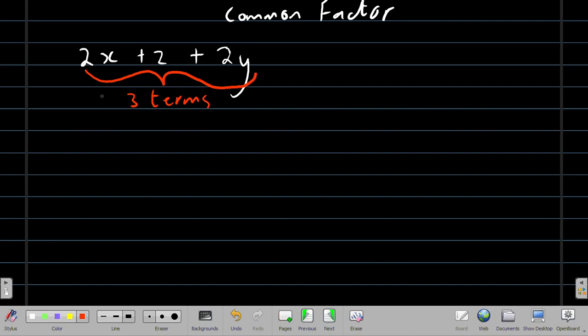We take these 3 terms, factorize this, so in this case 2 times (x plus 1 plus y), and we end up with one term. So the whole idea of factorization is just taking an expression with multiple terms and shrinking it or collecting it into one term.